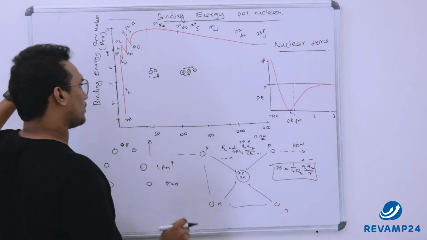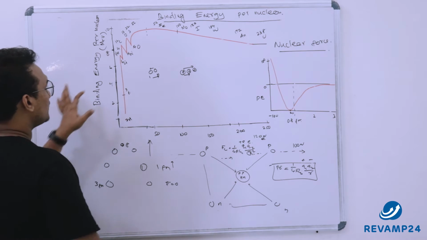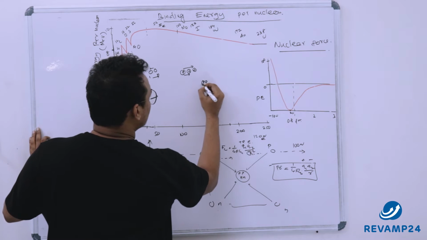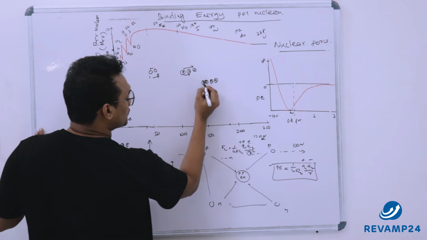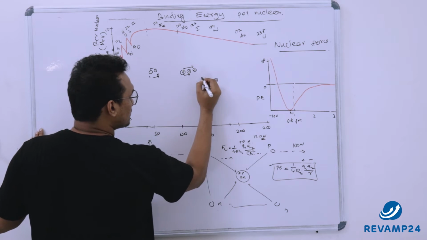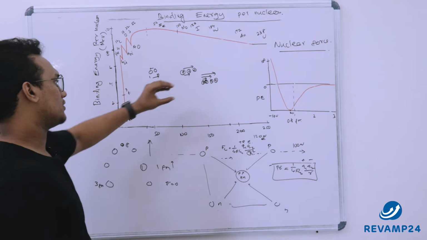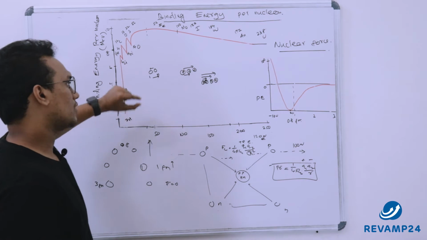To separate this proton, I have to give more amount of force as compared to this. Now in the case of He4, meaning 2 protons and 2 neutrons, this proton would be exerting a force, this neutron would be exerting a force, and even this neutron would be exerting a force. We need higher energy to break one proton from here.